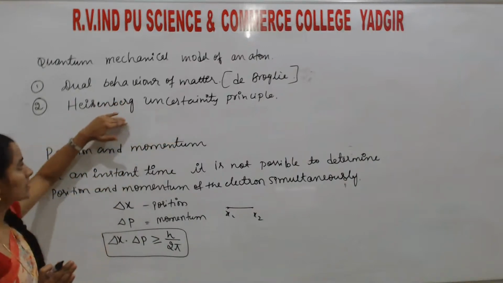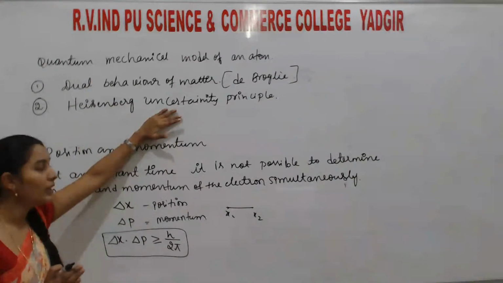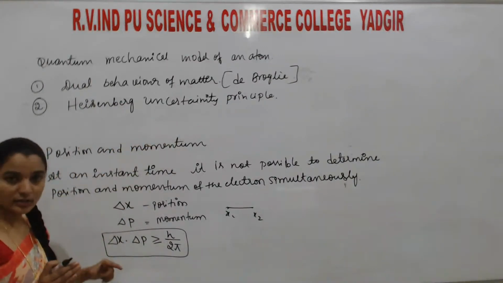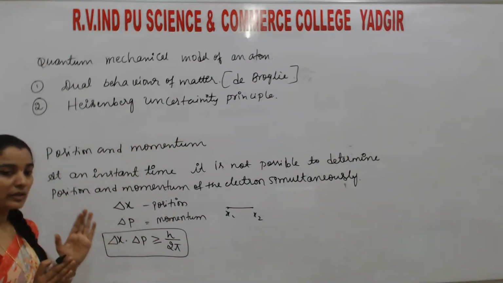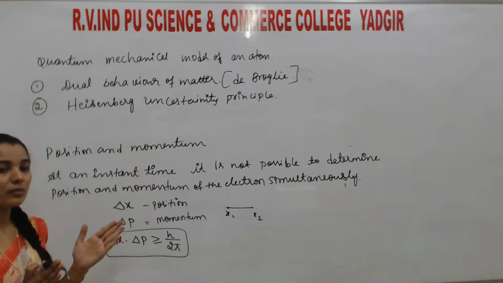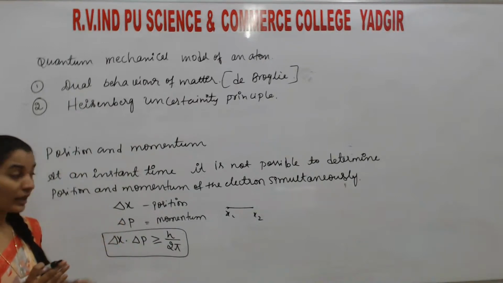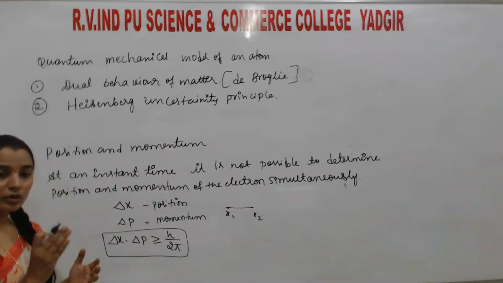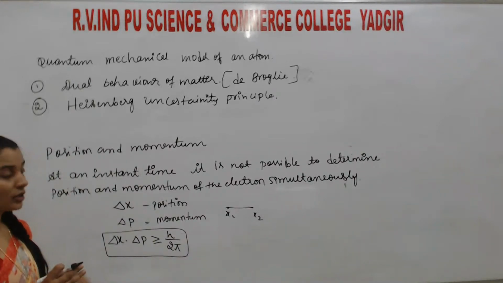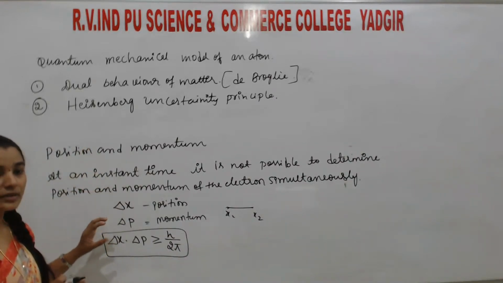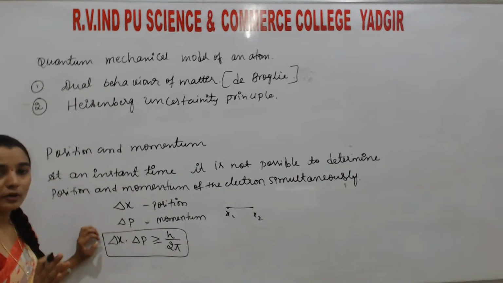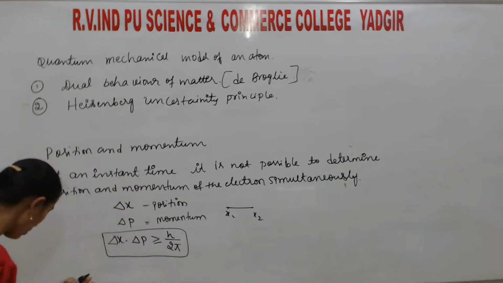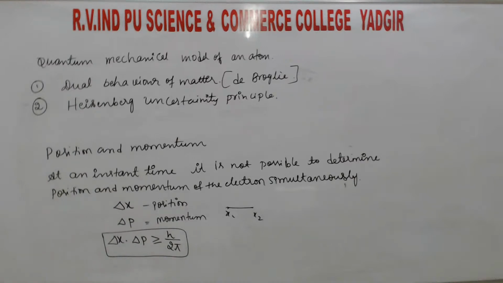Second one is the Heisenberg uncertainty principle, which tells that at an instant of time we cannot measure the position and momentum of the electron around the nucleus simultaneously. Considering these two points, they developed a quantum atomic model. So what are the postulates of this quantum atomic model?